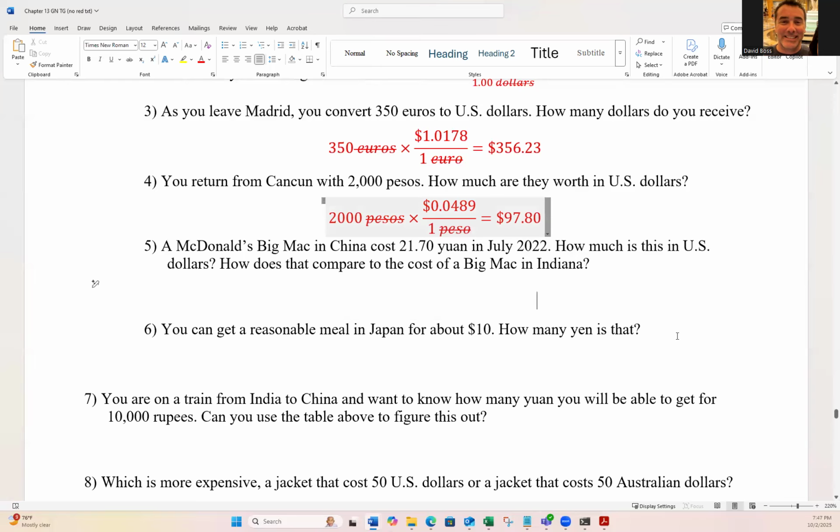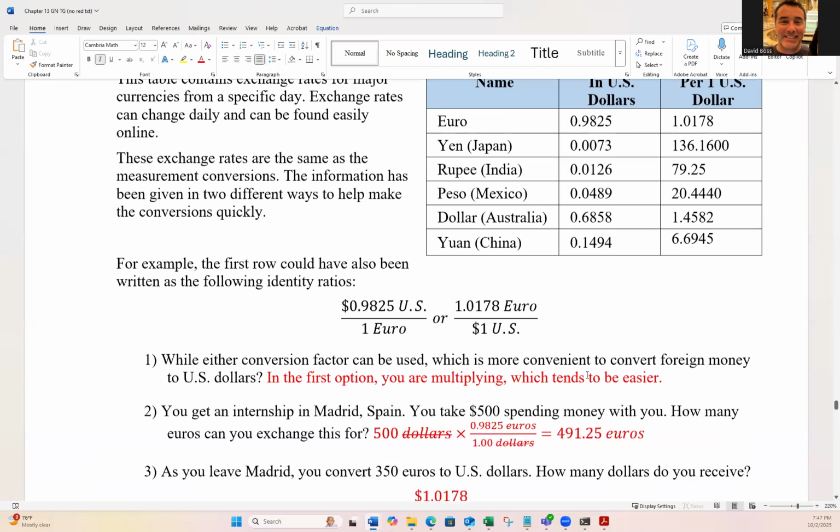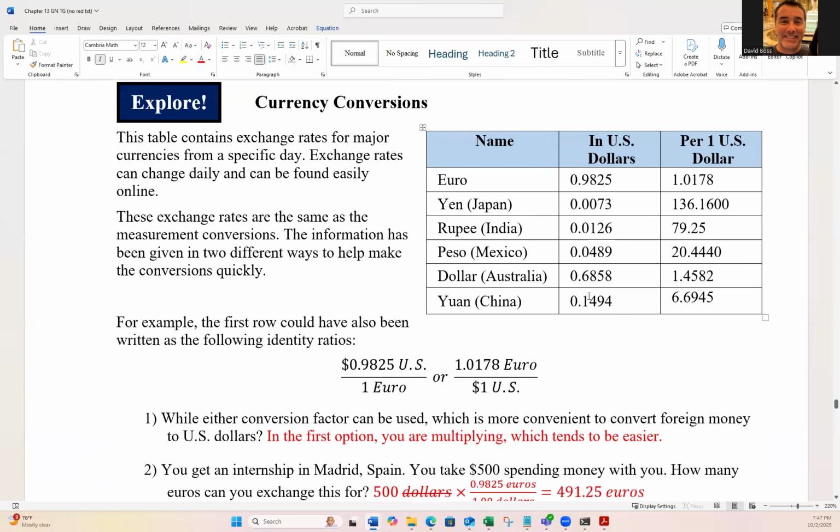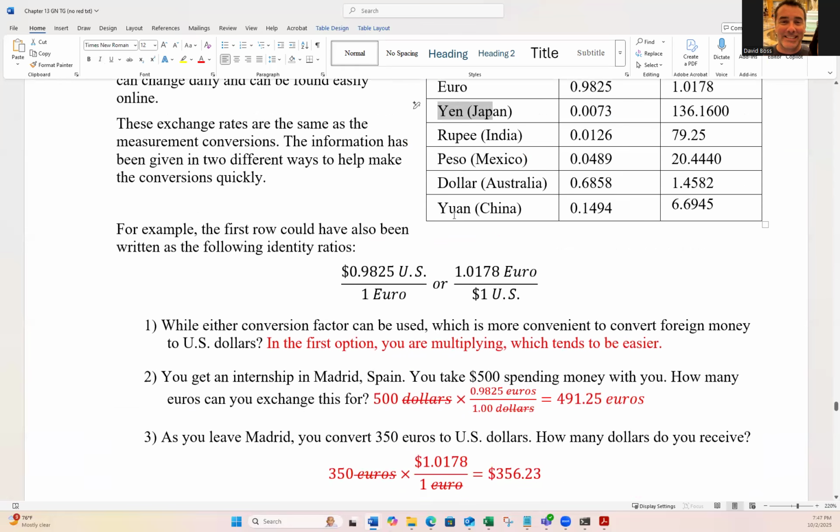A McDonald's Big Mac in China costs 21.7 yuan in July of 2022. How much is this in US dollars? Okay. Use our yen conversion. Oh, I'm sorry, not the yen. Yen is Japanese. I'm not sure how to pronounce this one. Yuan? Chinese.